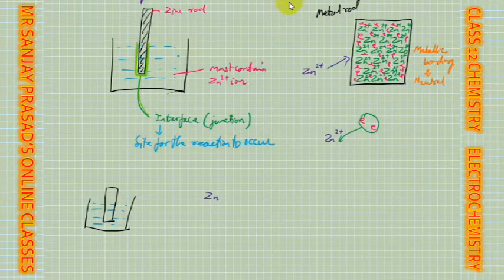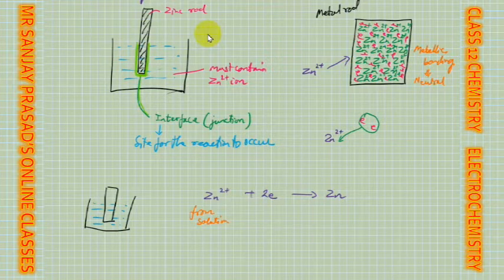So what will happen in this case? Zn2+ was there, it is going to gain 2 electrons and then it becomes neutral Zn, isn't it? So Zn2+, where is this coming from? Zn2+ is coming from the solution, isn't it?